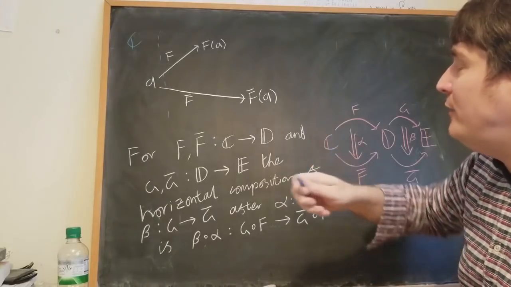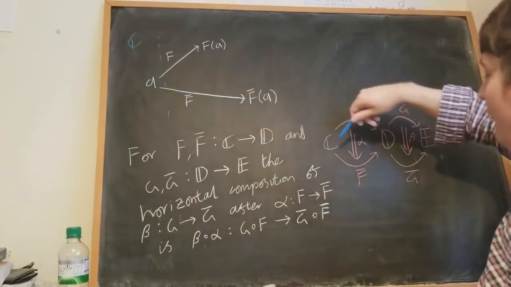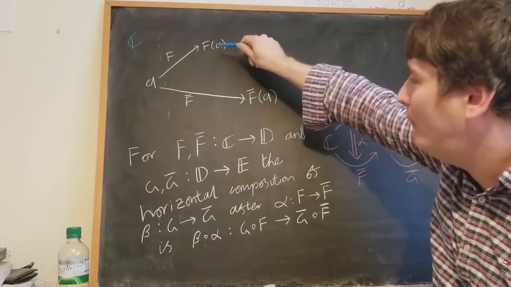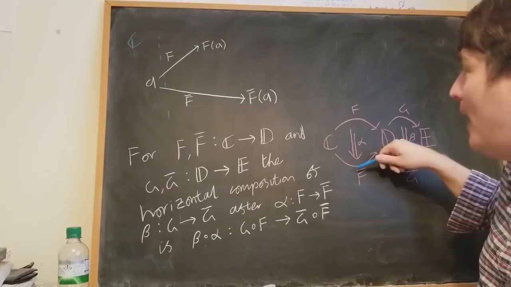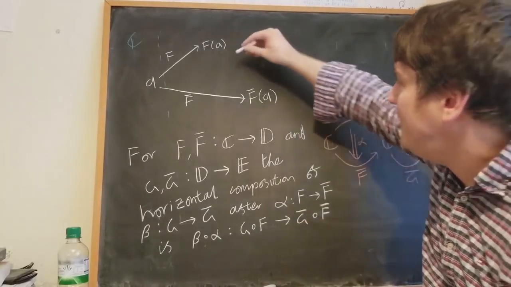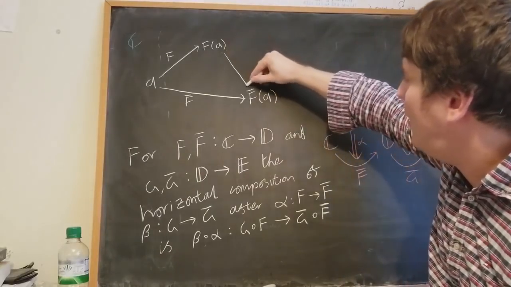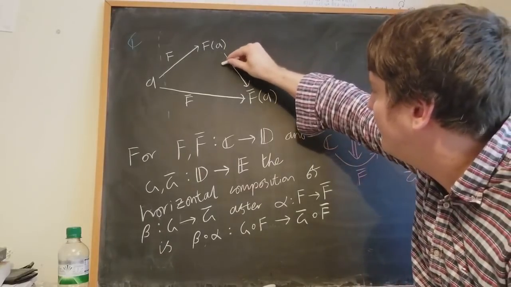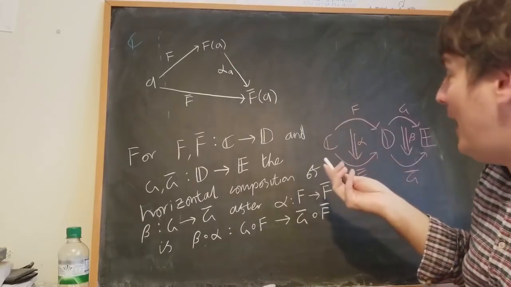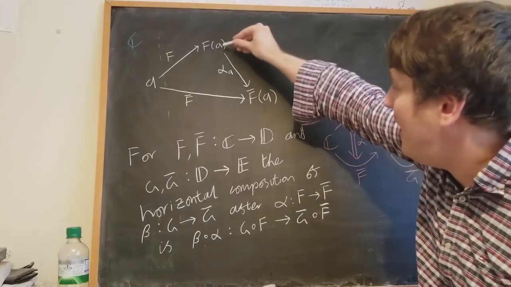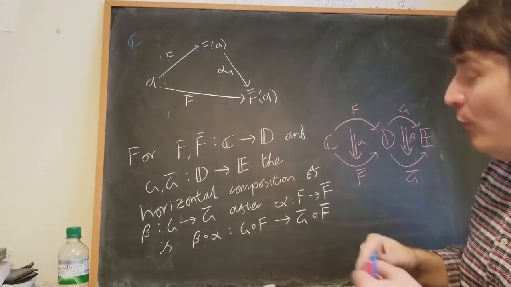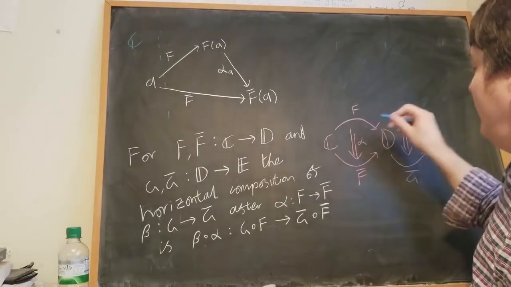At the beginning we have an object of C, and we can send it to something using F, or we can send it to something using F bar. And then we know that there's going to be a component of this natural transformation alpha, which is going to send F of A to F bar of A. So that's what's going on in this category D here.